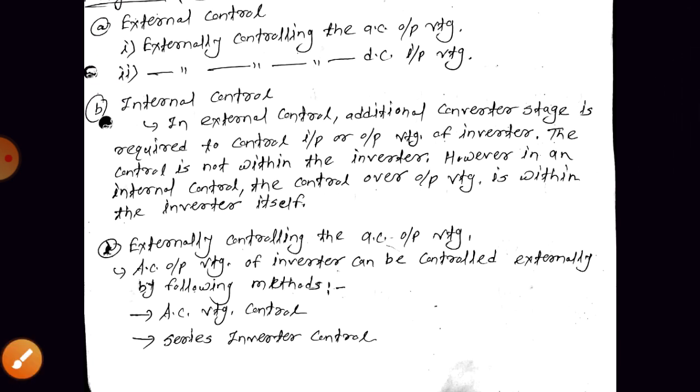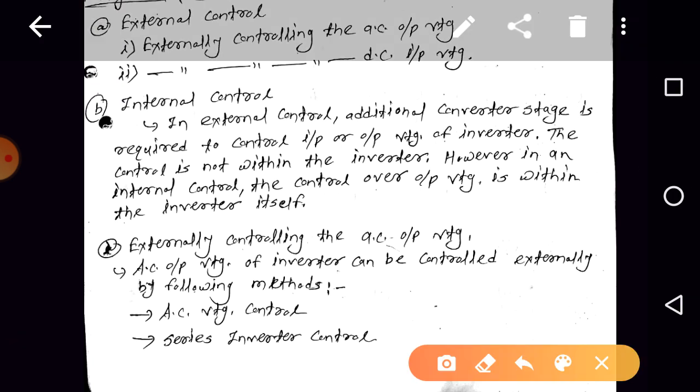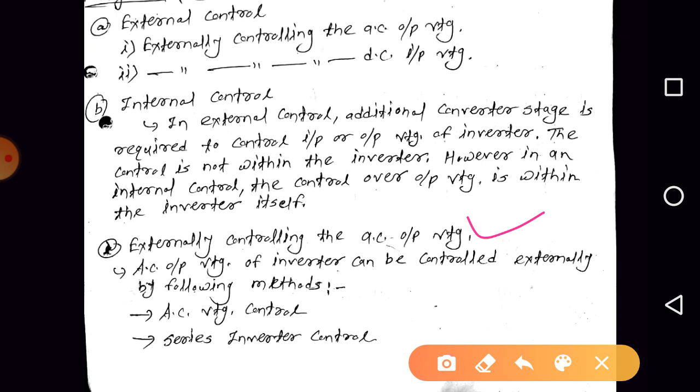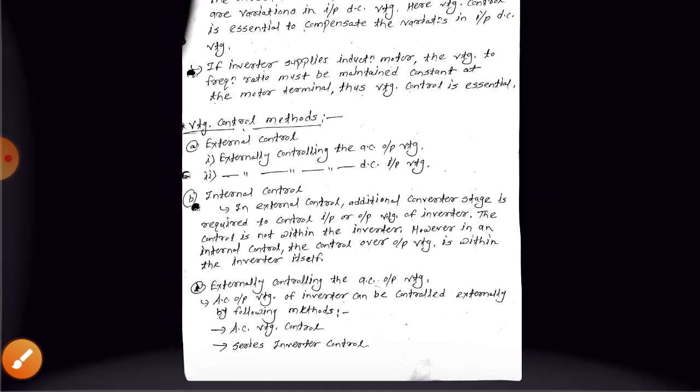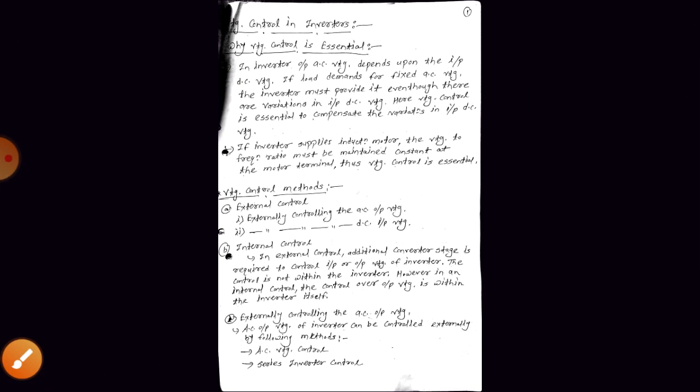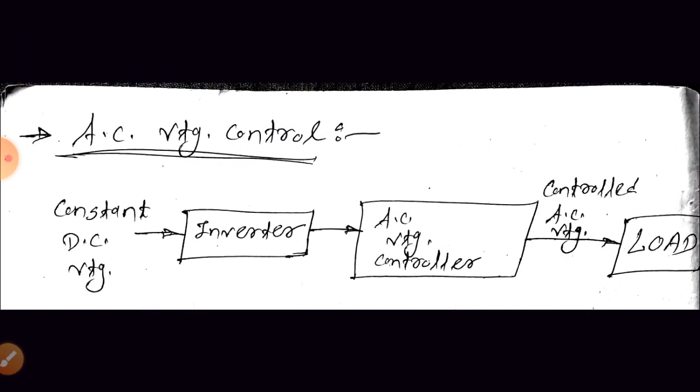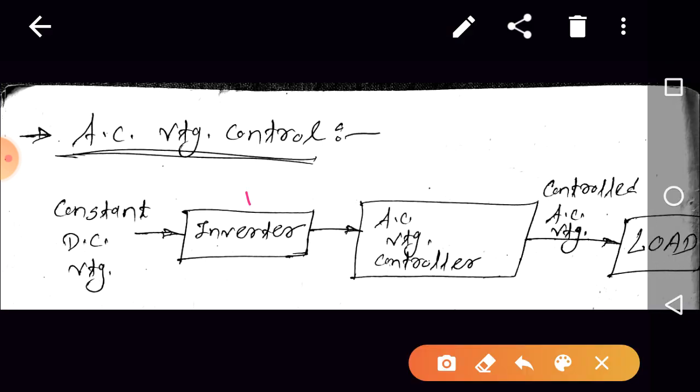Okay, so let us discuss the external control of the AC output voltage of the inverter. The AC output voltage of the inverter can be controlled externally by the following methods. One is the AC voltage control. Now let us discuss what the AC voltage control is. Here we have the inverter, and we are interested in controlling the output voltage of the inverter.